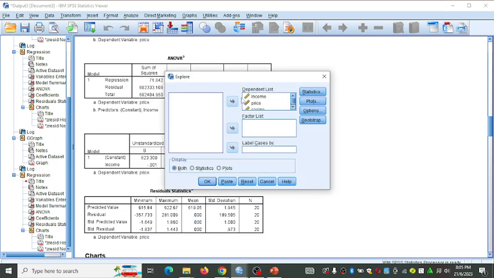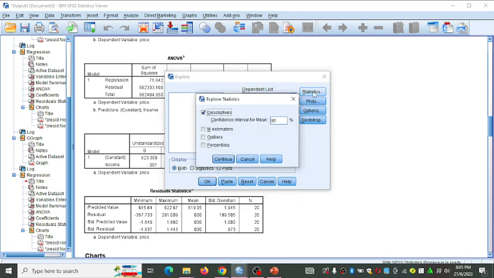I want you to move all these three variables to the dependent list. Then from there, click on statistics. We want descriptives, and let's click on outliers also.